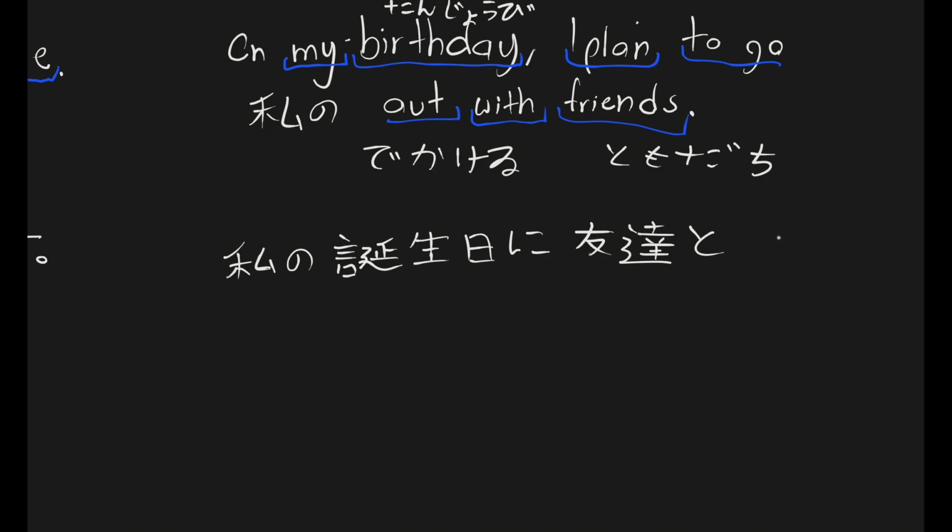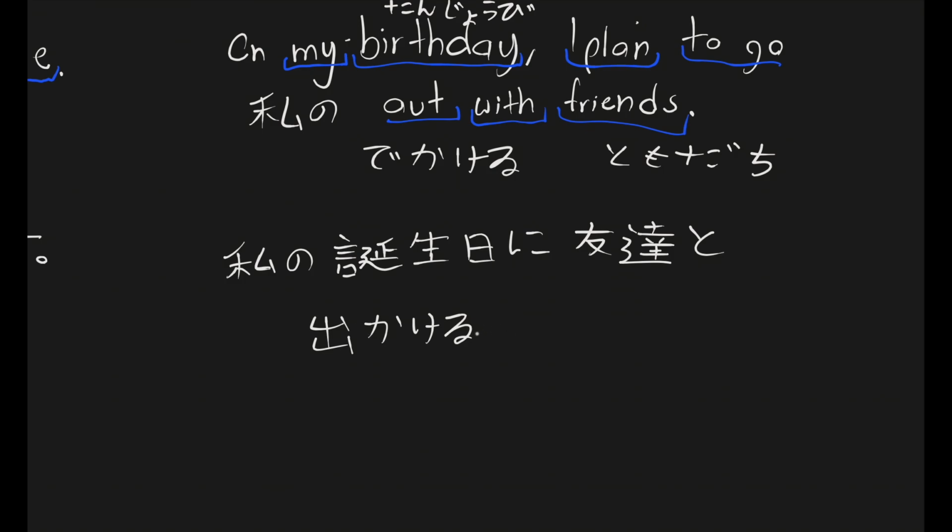And then dekakeru, we'll also do the kanji for that. We'll do it down here. De, this represents de in dekakeru. Kakeru. And again, we don't have to change the ending of this verb because we're doing yotei. So what's the ending? It's just yotei, or yotei desu, or yotei da.